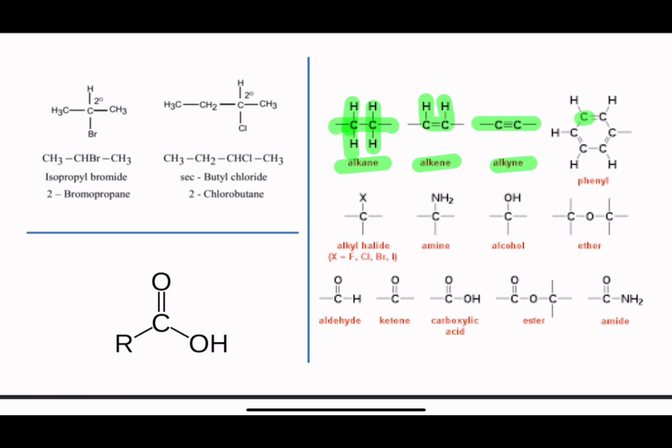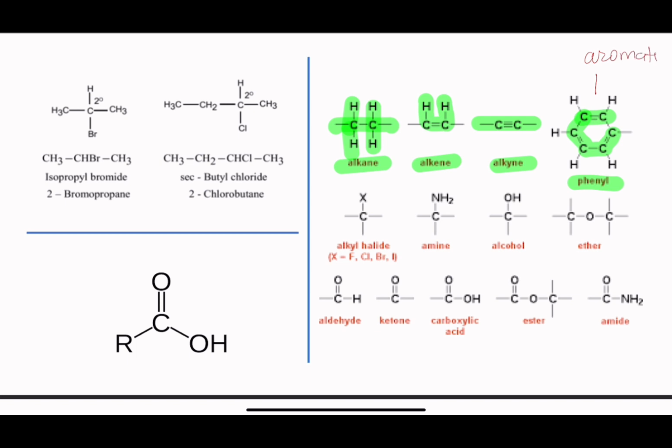Now that six ring carbons with the 3 double bonds, it is called aromatic. And the functional group, the name of it is phenyl, but it is aromatic compound.